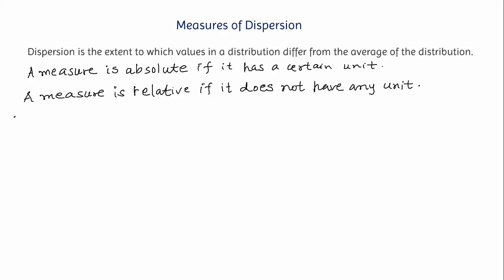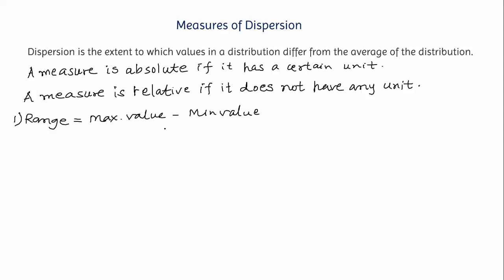And the simplest I'm going to start with is range, and it is maximum value minus minimum value. And you can understand that if the individual observation in a data set has unit kilogram, then maximum value will have unit kilogram minus minimum value will also have unit kilogram.